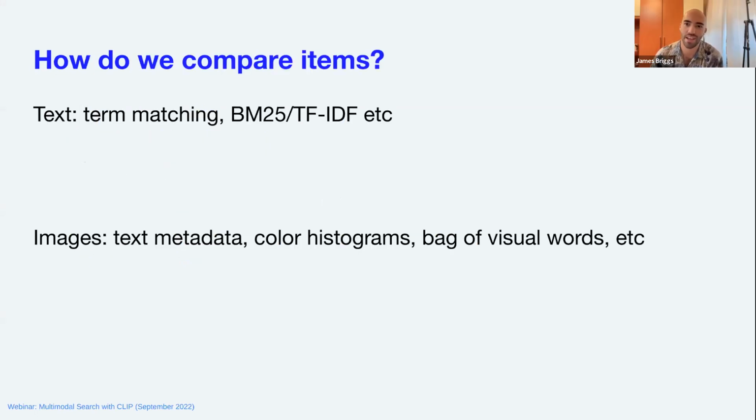So I'm going to start by giving a quick 101 introduction to vector search. First thing I want to talk about is, how do we traditionally compare items? With text, a lot of this is based on term matching.